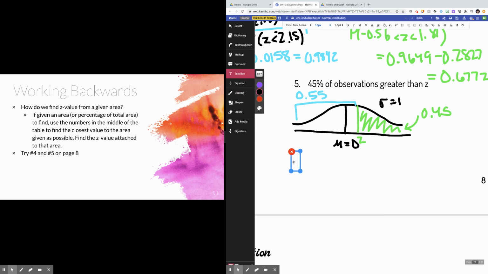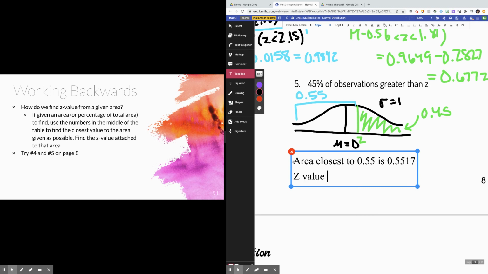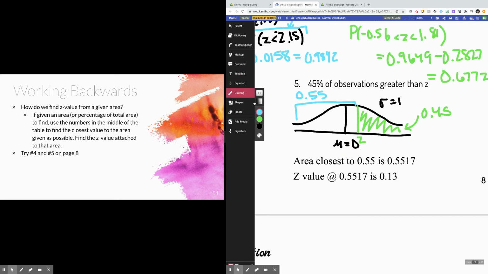So my area closest to 0.55 is 0.5517. The z value at 0.5517 is 0.13. Remember, again, this value right here is your z.